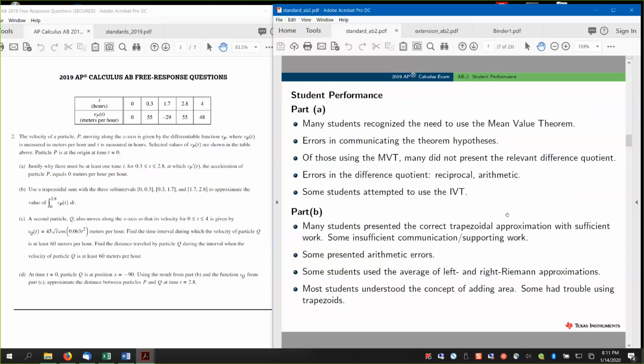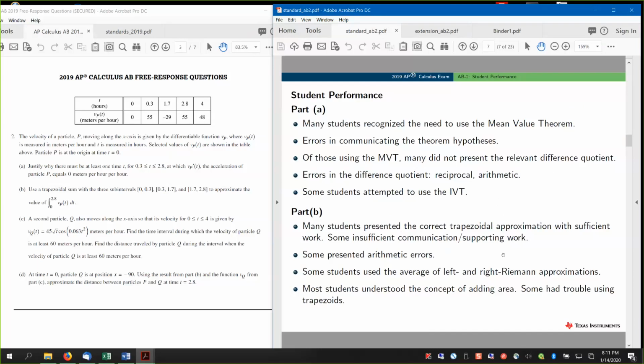And of those students who did present a difference quotient, unfortunately, there were some arithmetic errors. And some even presented the reciprocal of the correct quotient, so think about that difference quotient. And some students actually attempted to use the intermediate value theorem for justification, and that's simply not a valid approach here.